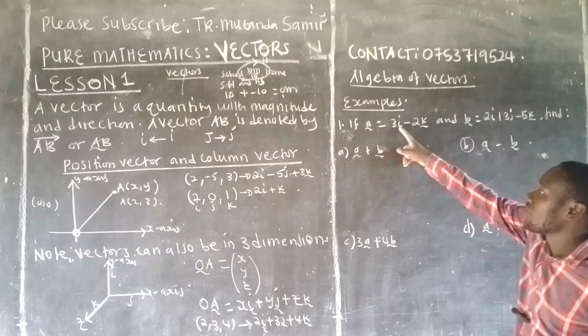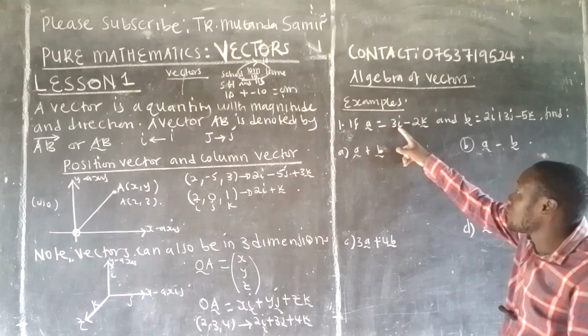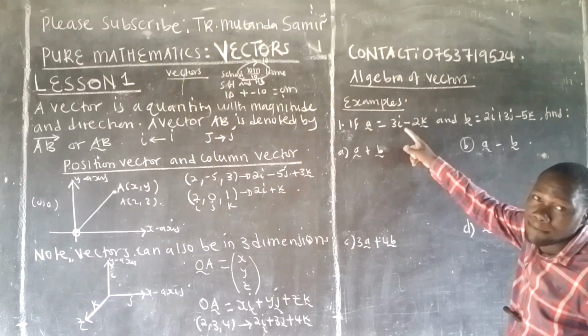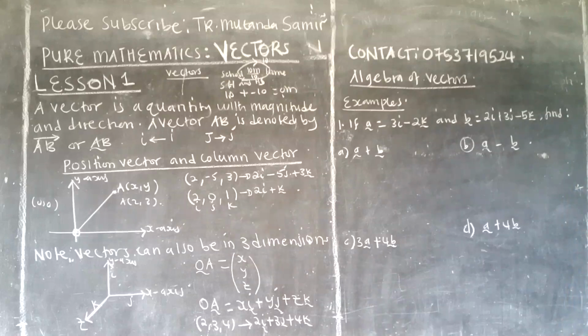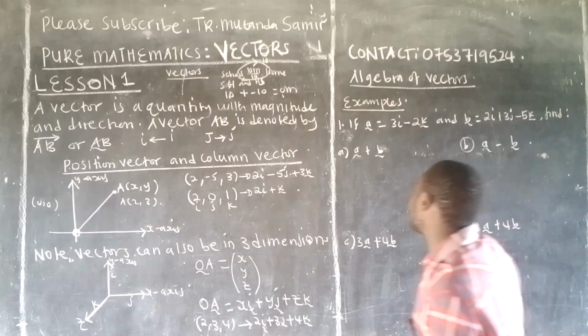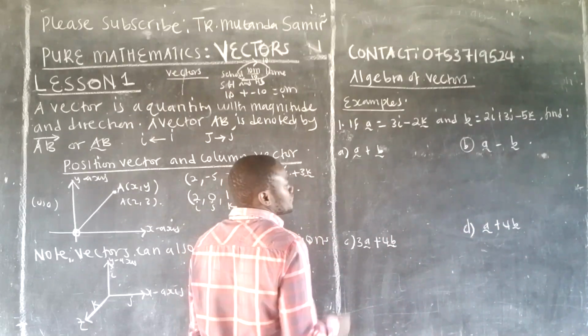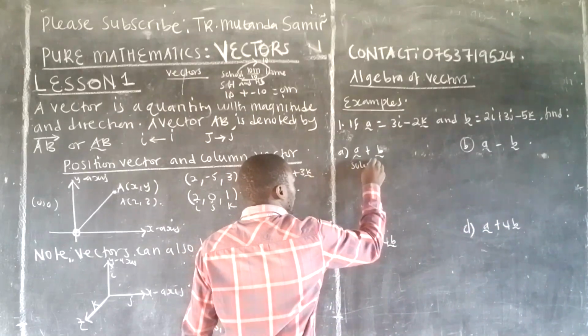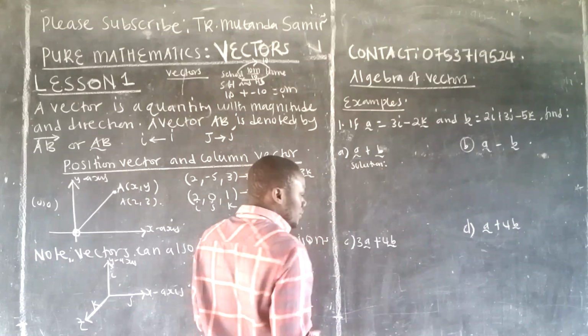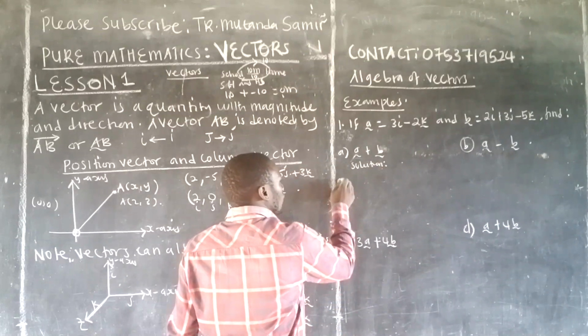Now we have I, and next we go to K, meaning that the J is 0. B is equal to 2 in the I plus 3 in the J minus 5 in the K. Find vector A plus vector B. Solution. Now let's write them in column form.